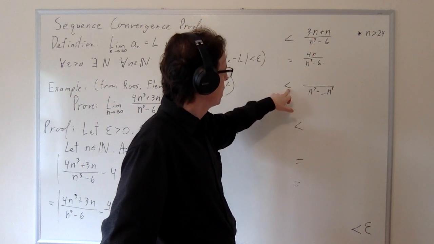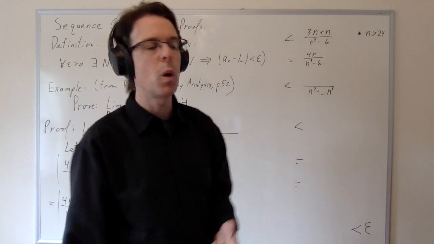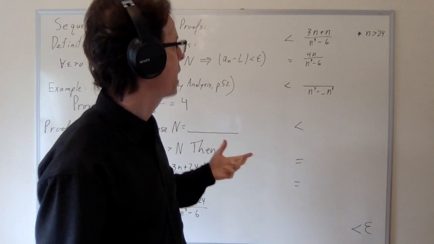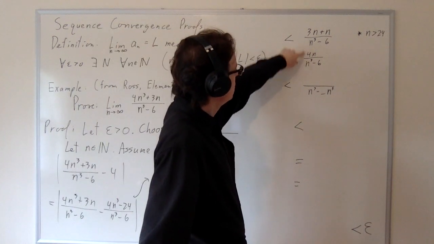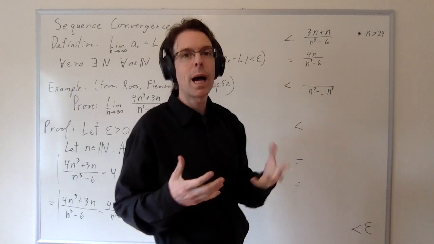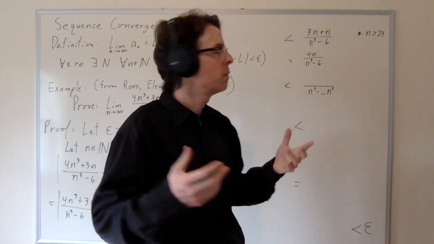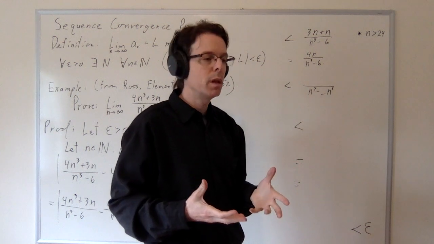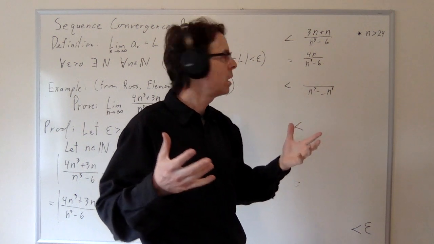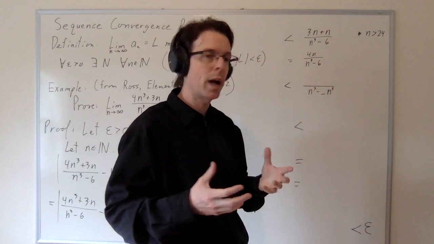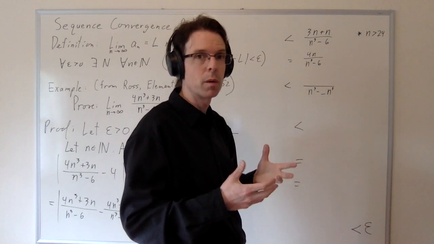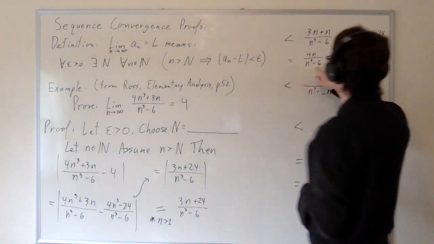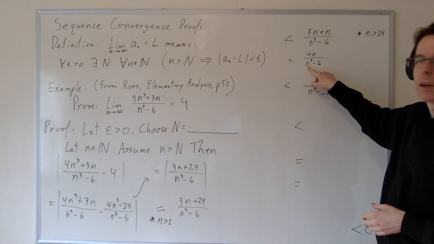So I am allowed this less than sign, and we need to think very carefully about what I'm therefore allowed to do to the fraction. So this is a positive number over a positive number, and I'm allowed to let the fraction expand. Because I'm manipulating the denominator, if I'm allowed to let the fraction expand, then I'm allowed to let the denominator contract. I can make the denominator get smaller. But this 6 is subtracted from the n cubed.